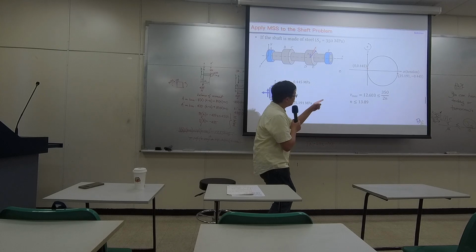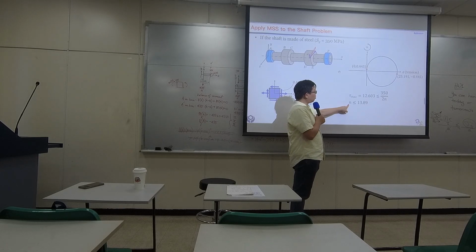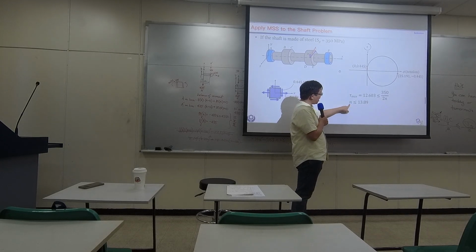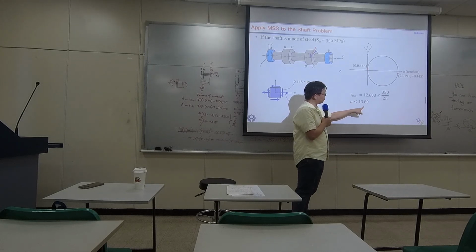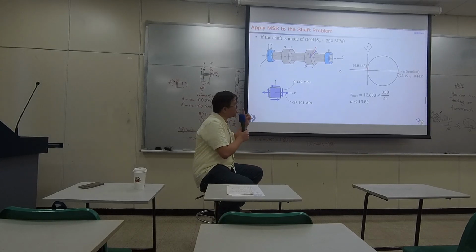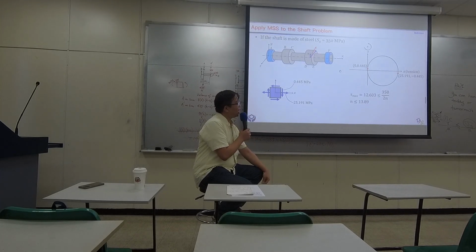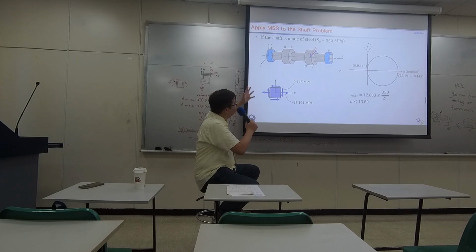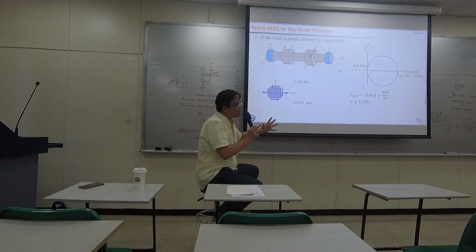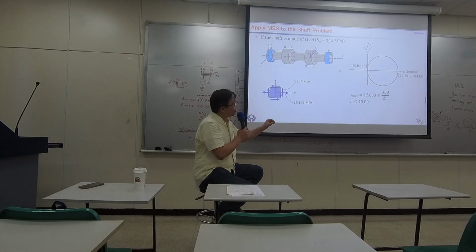So in this particular case, you can actually compute N. N is smaller than 13.89. What does it mean? That means for this particular shaft, if I choose a material of 350 megapascal as the yield strength, and you apply static loads like this, I could have a safety factor as high as 13.89.